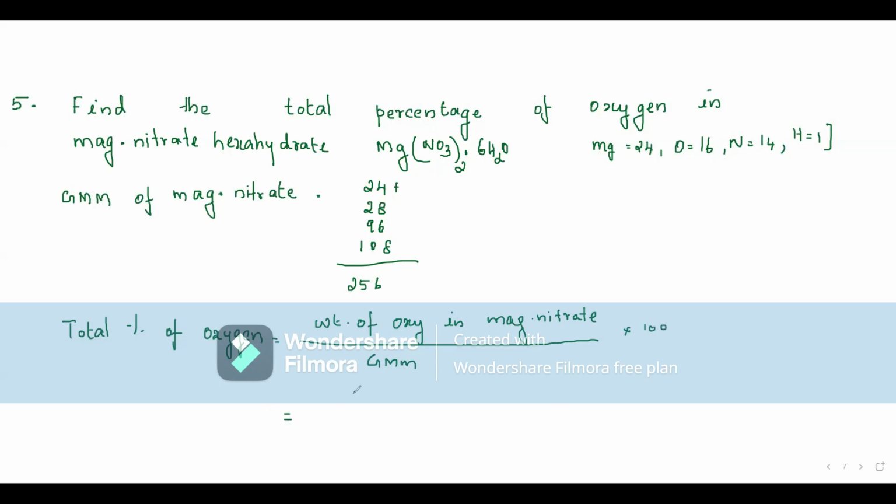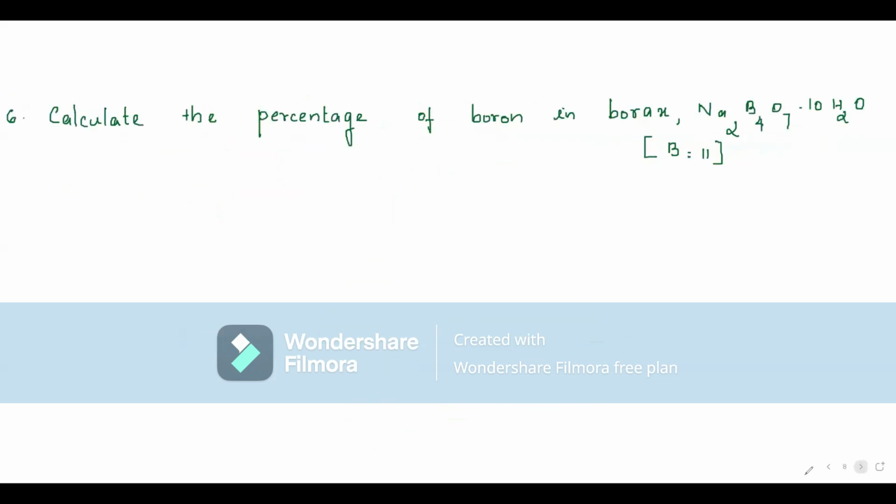Weight of oxygen, there are totally 12 oxygens. NO3, O3 twice, so that makes it 6. And again here 6 water molecule you will find, 6 more oxygen. So totally 12 into 16 into 100 by 256. So let's do it. 12 into 16 into 100 by 256 is exactly 75%.